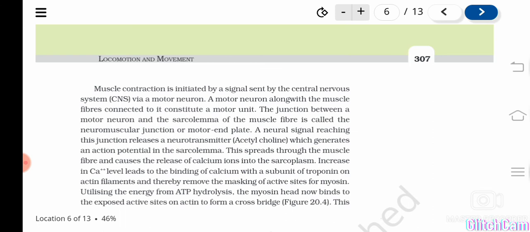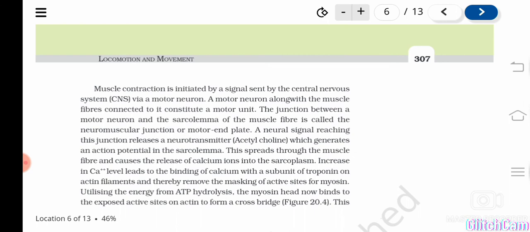It produces a neurotransmitter, and that will generate an action potential in the sarcolemma, and that causes the calcium ions to be released into the sarcoplasm. Understood? Increase in calcium level leads to binding of calcium ions to troponin. So troponin will be removed from there, and the sites will get exposed.